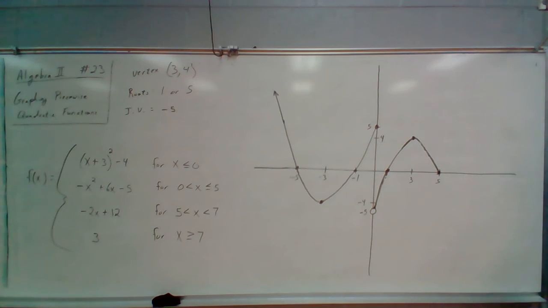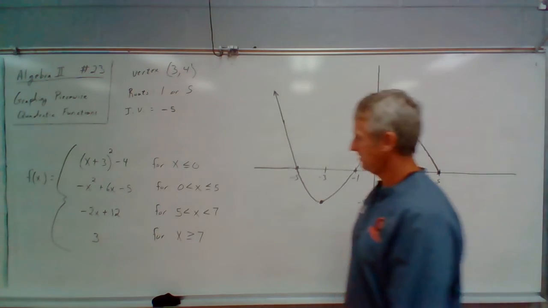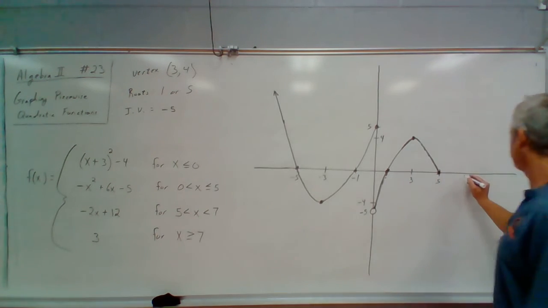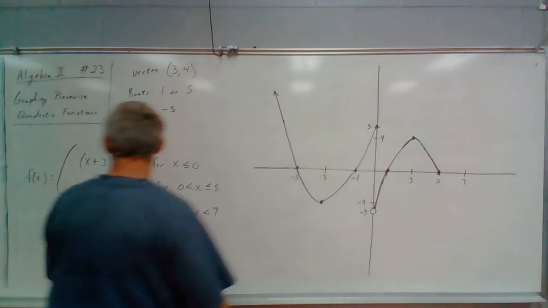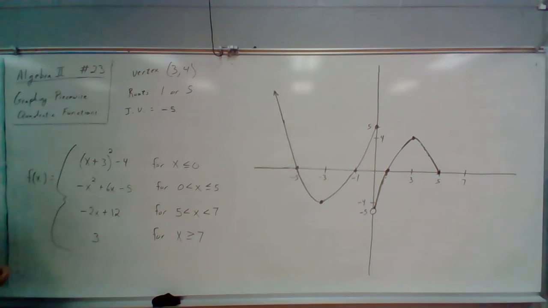All right. Okay, next part, between 5 and 7, I'm going to use this equation. Now this is a linear equation, so this should make a straight line. Y equals mx plus b, so the slope is negative 2, the y-intercept is 12. All right, so let's plug in a 5.